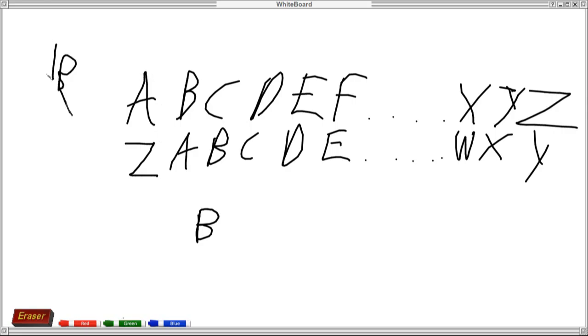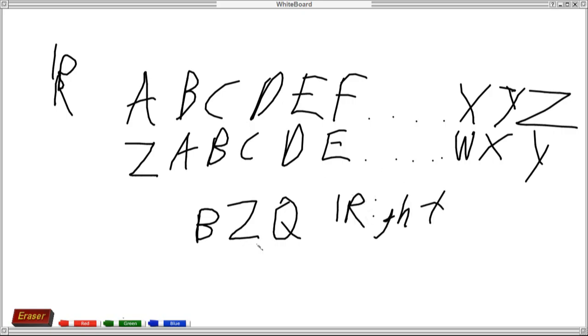So one R. Okay, so C, A, A would be Z and R. So R would be Q. So BZQ is a one shift right encryption for car.